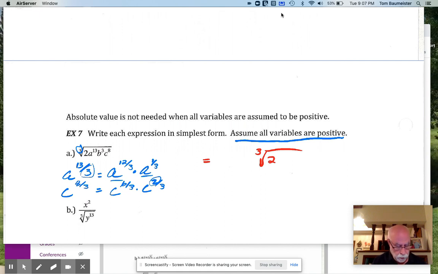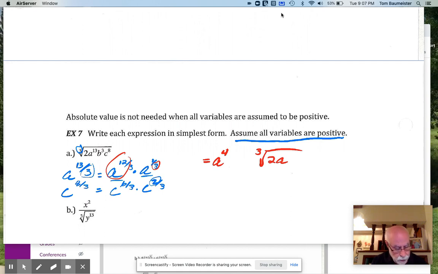Anything that is a whole number, so this part right here, we just found out that that is A to the 4th. And what do we have left underneath? Again, here's our index. That's our cubed root. So underneath the radical, on that one, we're just going to put an A.